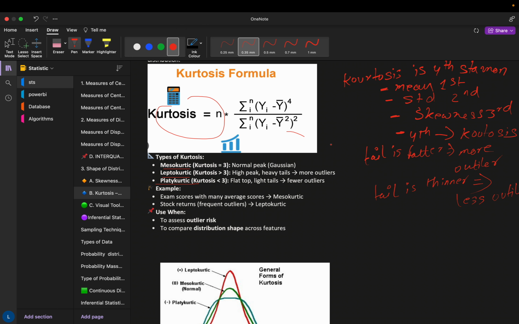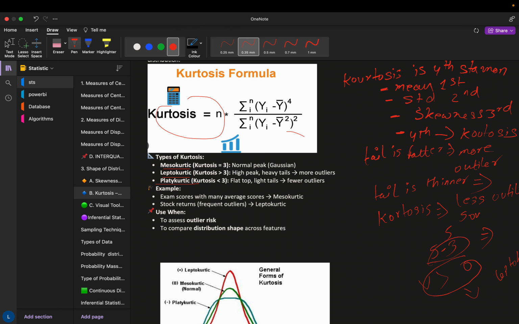For example, after applying the formula of kurtosis, we get some value, let's assume 5, and once you subtract 3 from it, and the value is greater than 0, then you can say that it is leptokurtic. All right, it is leptokurtic.